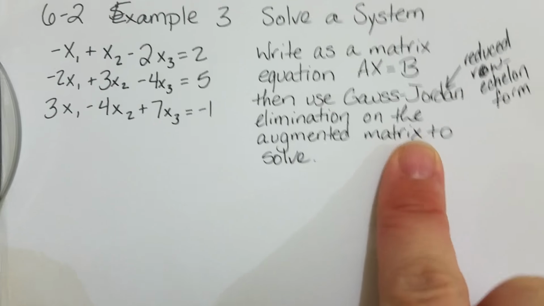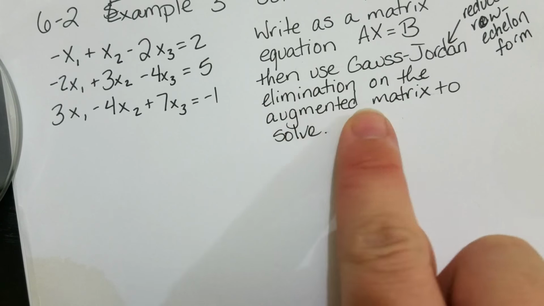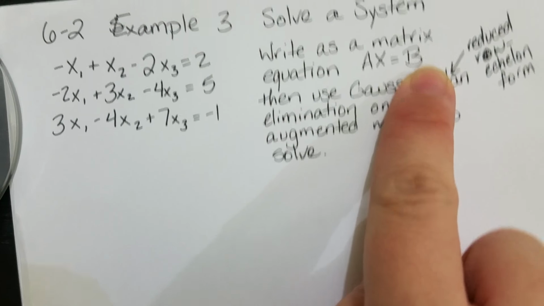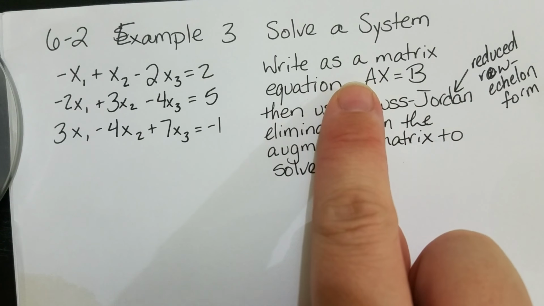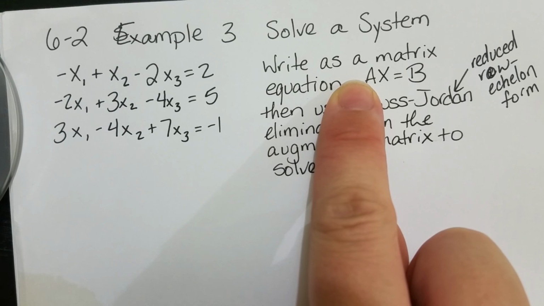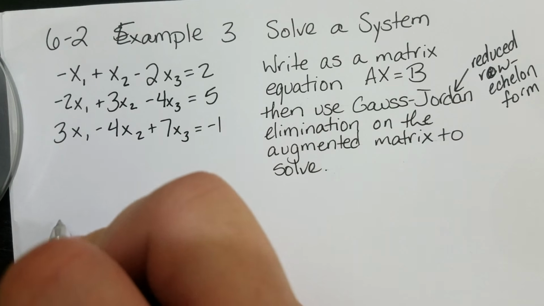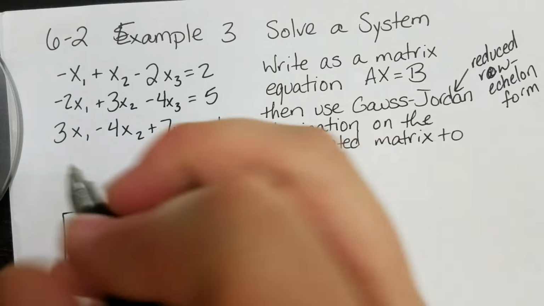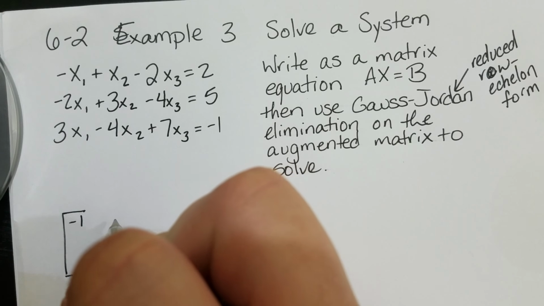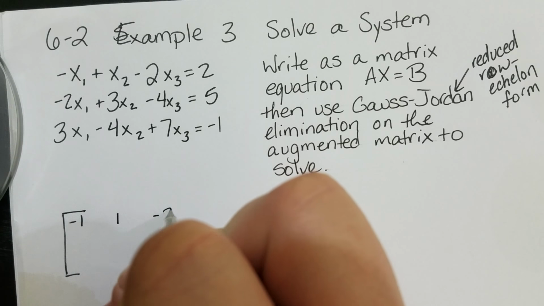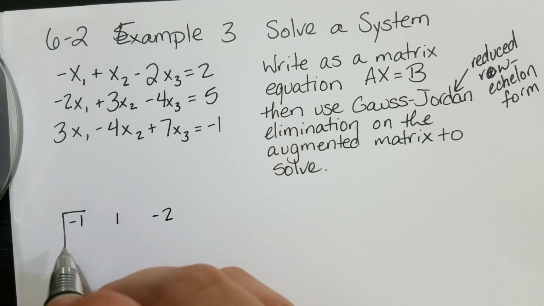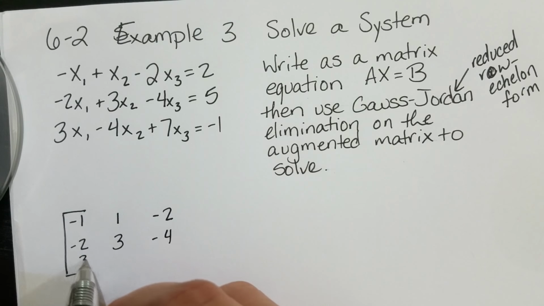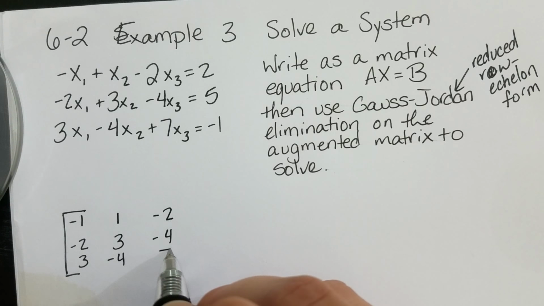So basically, what you're going to do is start out writing A times X equals B. What you want to do for A is use all of your coefficients. So in this case, I've got a matrix here. This is my A. I'm going to have -1, 1, and -2, and then -2, 3, -4, 3, -4, and 7.